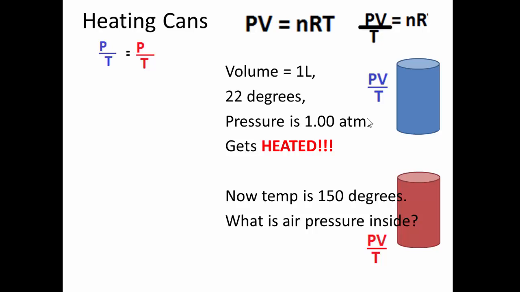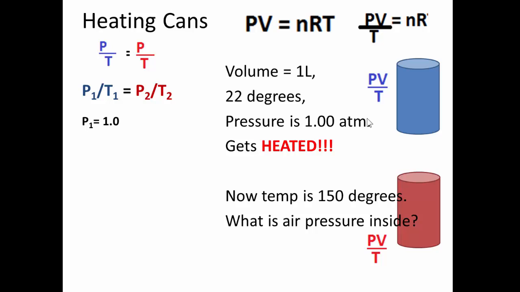Let's make this a little bit more numerical. We'll call this P1 over T1, which is basically the pressure and temperature before the heating, is equal to the pressure divided by the temperature after the heating. Let's define these terms. P1 is equal to the pressure before, which is 1 atmosphere.